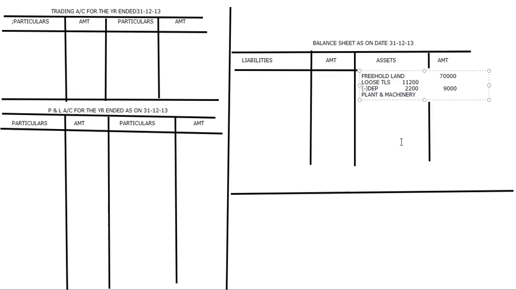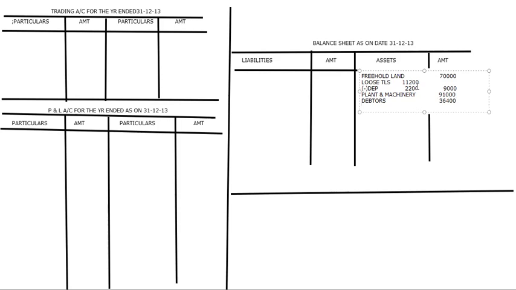The amount he gave is 91,000. Then he gave debtors. Regarding debtors also there is no adjustment. So directly debtors, the value he has given is 36,400. This is also done.